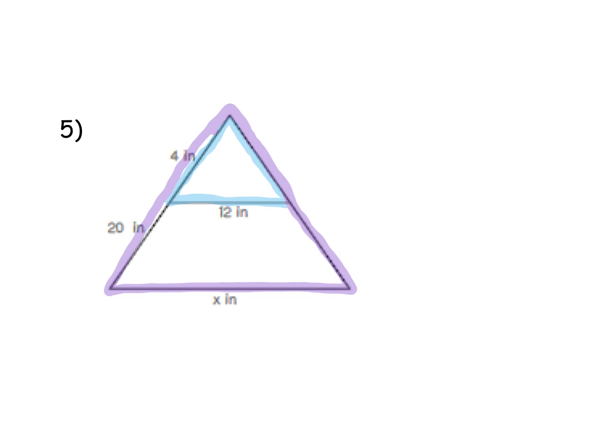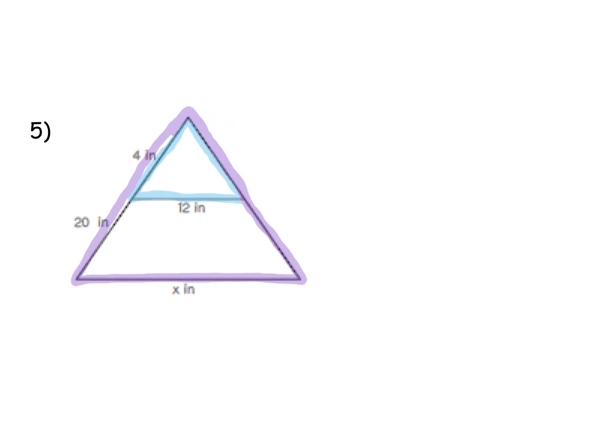For my little triangle, I've got 4 over 12. Let me write over here. Okay, let's try this again. I've got 4 over 12, yes? But for my big triangle, how long is this side? 20 inches. So this whole side is just 20 inches?